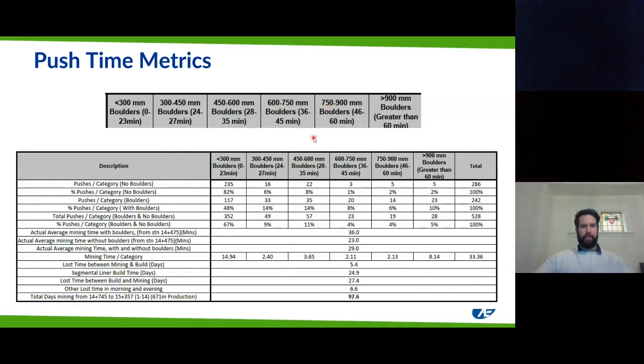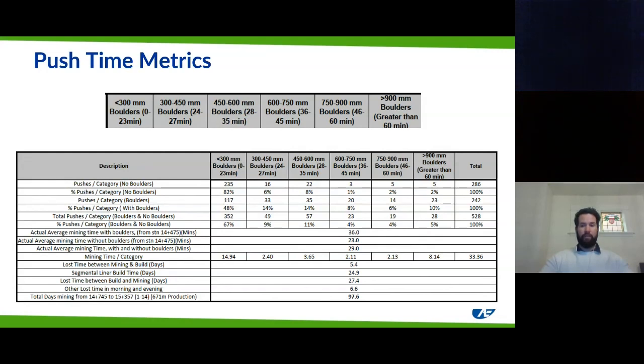And that was based on that formula that we previously showed, based on advance rates at a lower torque, assuming that they were encountering a boulder for that entire time. So the table tabulates the push times, and it shows how it puts the mining times into each category. So by equating the push times to particular boulder sizes, it is an estimation.